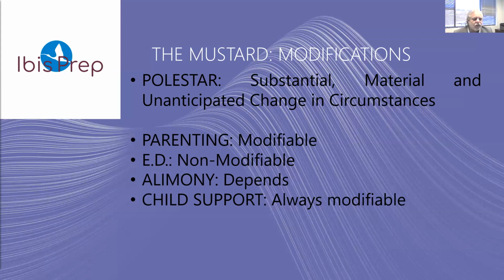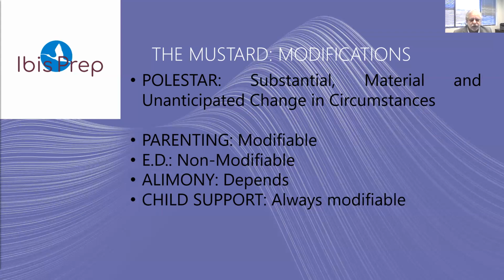You must have all three, and most of the time the analysis comes down to whether the changes were unanticipated. A child going from 3rd grade to high school is not unanticipated, but there could be a lot of other things at play. Perhaps one parent, this was tested, one parent post-dissolution became addicted to substances.